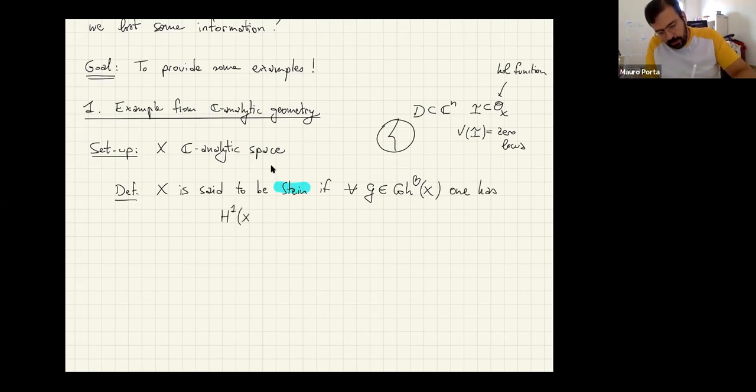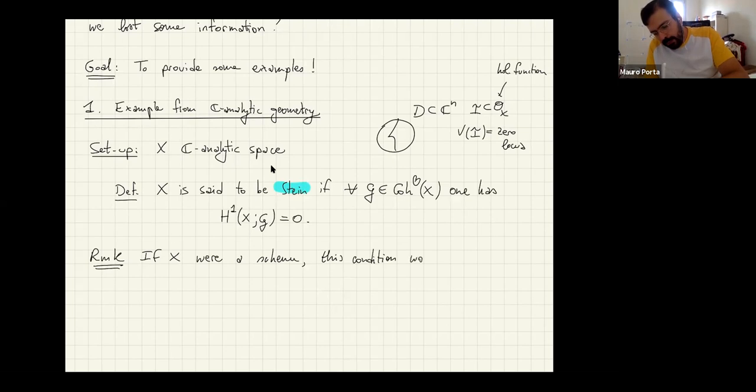H1 of X with coefficients in G is 0. And a little remark is that if X were a scheme, this condition would imply that X is affine.